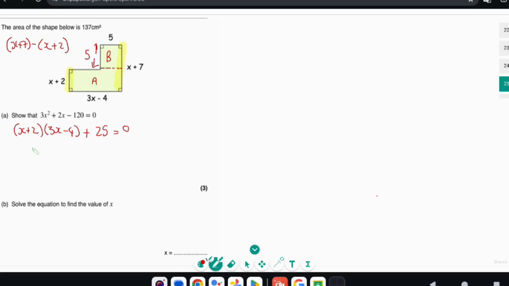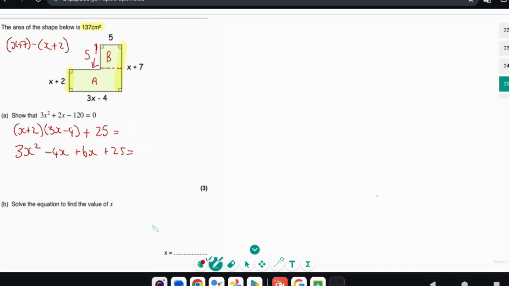Okay, let's expand our brackets. 3x squared minus 4x plus 6x minus 8 plus 5x equals... Let's simplify. Oh, sorry, it's not equal to 0. I was just wondering how that was going to work out. We're given the area, aren't we, is equal to 137 centimetres squared, right?